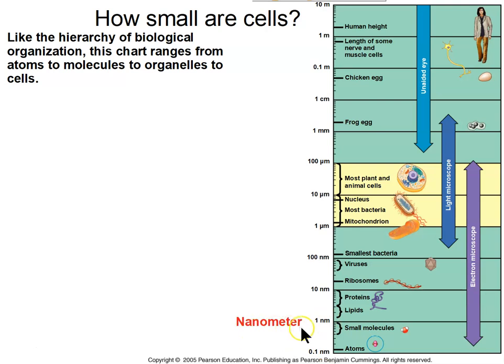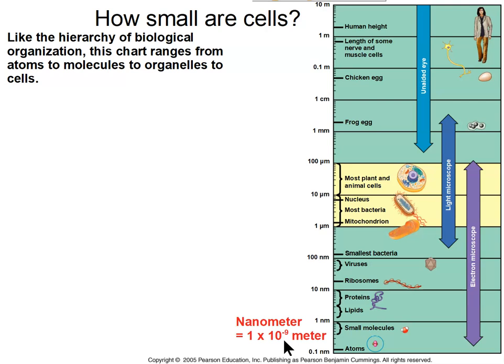NM stands for nanometer, and a nanometer is, if you're familiar with scientific notation, 1 × 10 to the -9th meter. So when you have a negative exponent, that indicates the number of places to the right of the decimal. So in other words, this is 0.000000001 meter.